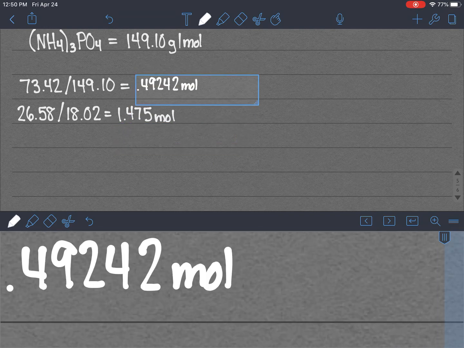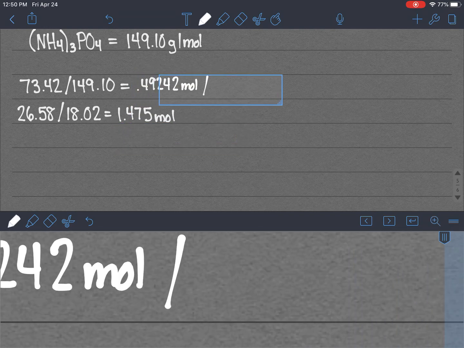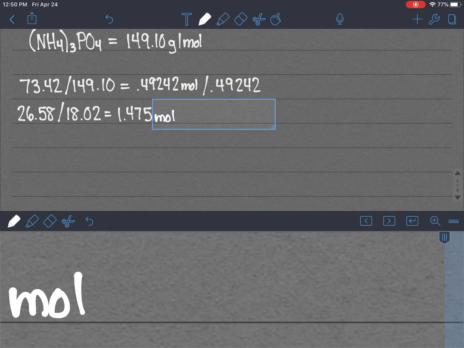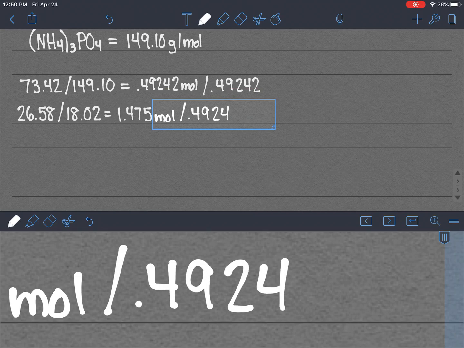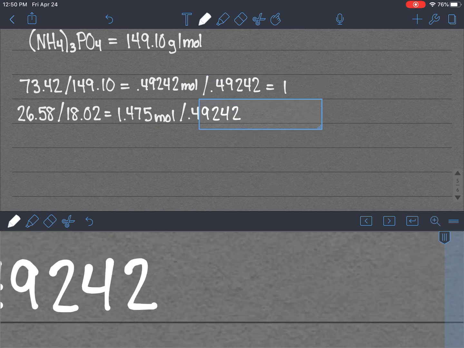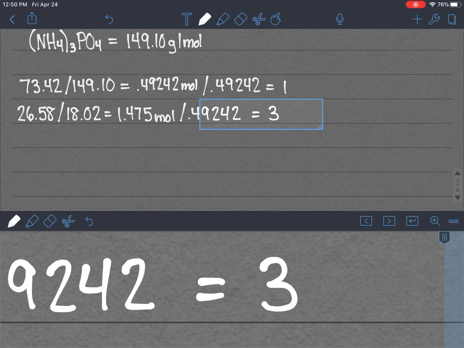Let me just show that step since this is a tutorial video. There are 2 ways I can do that. I can go through and divide both here by the lowest number of moles, which is what we've done a lot, or I can just go back to my empirical formula of hydrated compounds, and I know that my water just needs to be divided. This is going to give me obviously a 1, and then this is going to give me a 3.